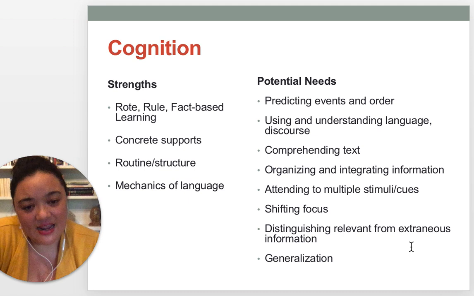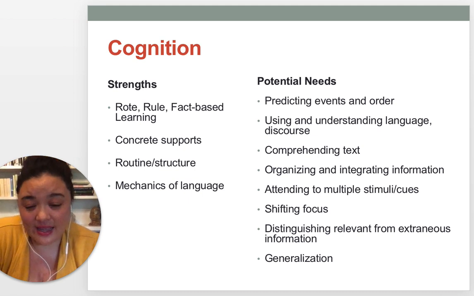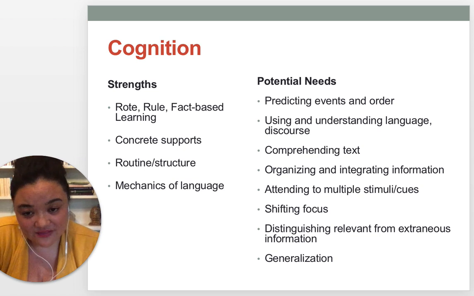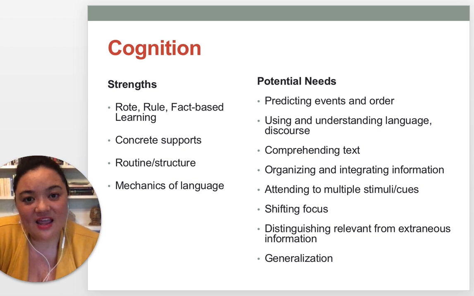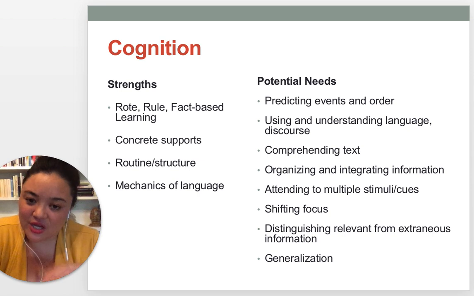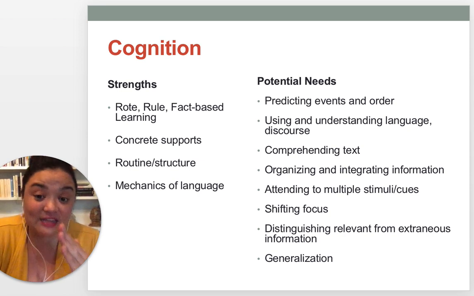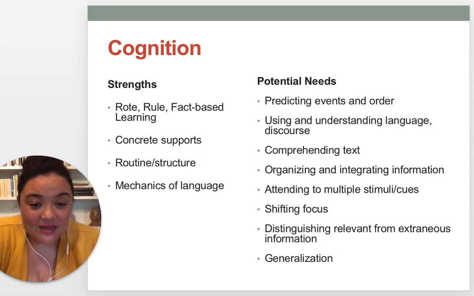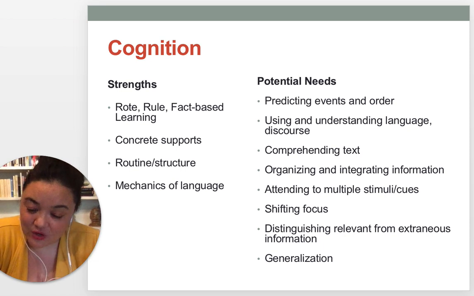Related to that is difficulties comprehending text. Literacy development in individuals with autism is actually quite interesting in that oftentimes they show strengths in the basic mechanics of reading, meaning they can learn how to decode text, they can look like they read fluently. But if you were to ask them a comprehension question about what they read, they would struggle with that.